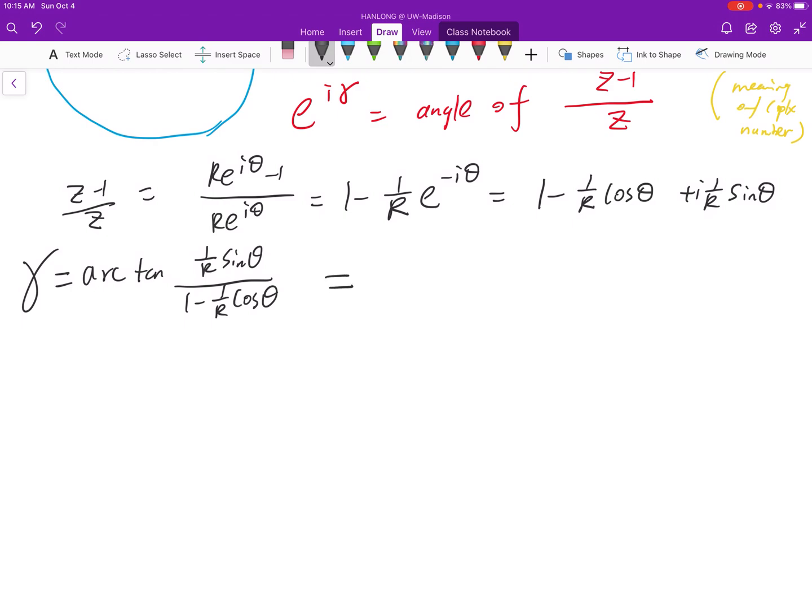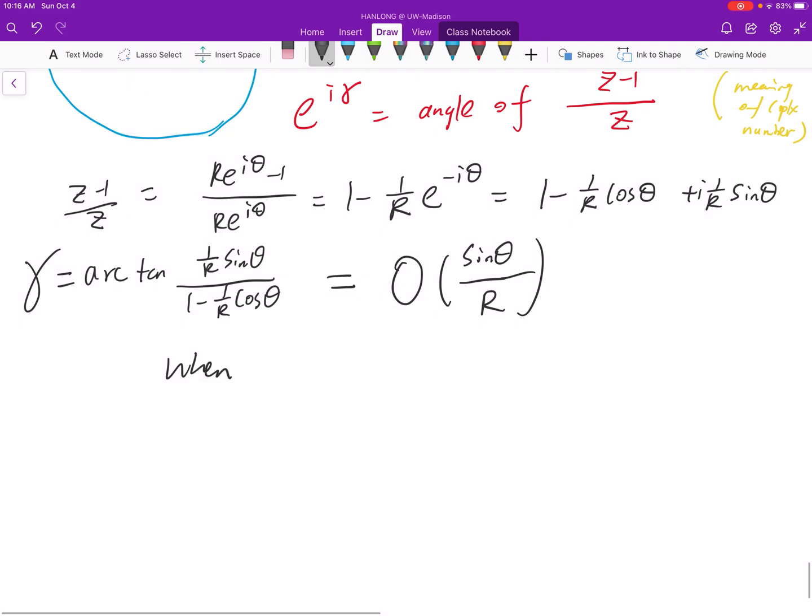And since R is large, it's easy to see this is of order sine theta over R. So when R goes to infinity, gamma equals delta minus theta goes to 0.